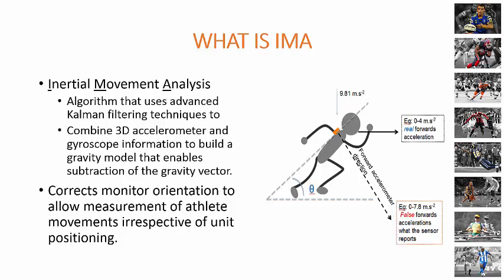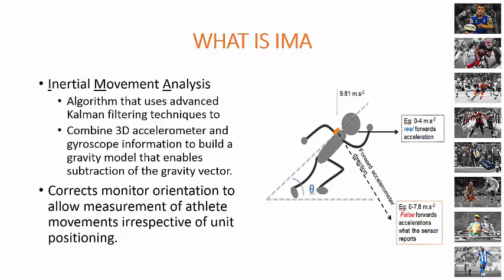I'm just going to briefly elaborate on that using this stick figure here to the right of the paragraph. If we have our phone lying face down or flat on a surface, gravity is acting on that at 9.8 meters per second squared. And what we can see is not only does gravity act on our monitor, but if we are accelerating, we get a false acceleration of 0 to 7.8 meters per second squared because of the effect of gravity and the inability of the monitor to detect what is actually happening.